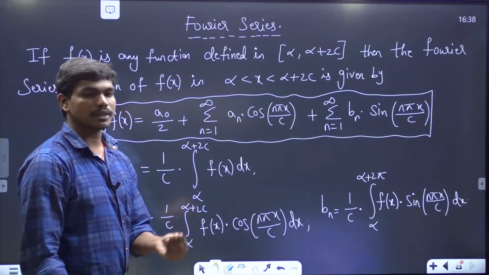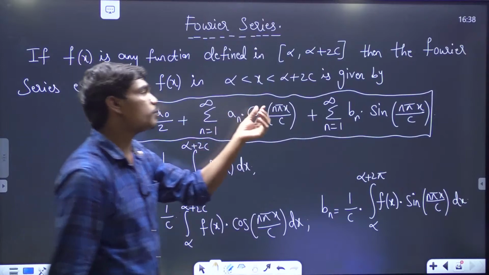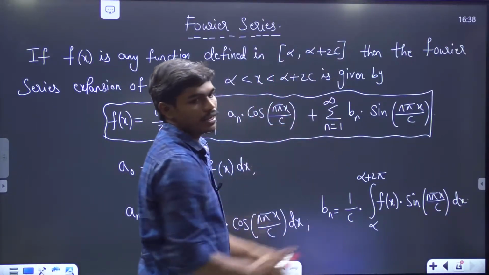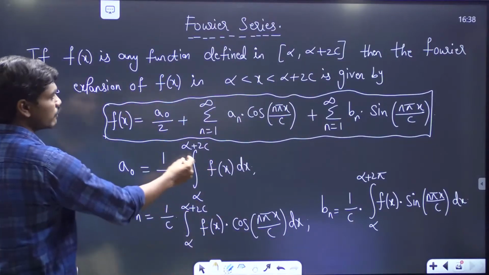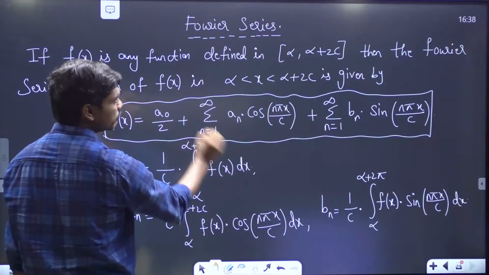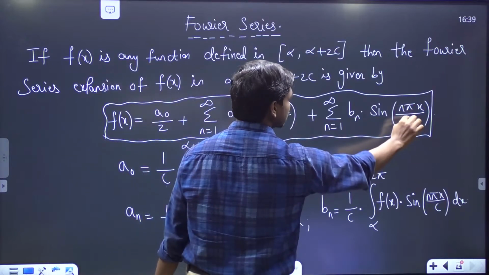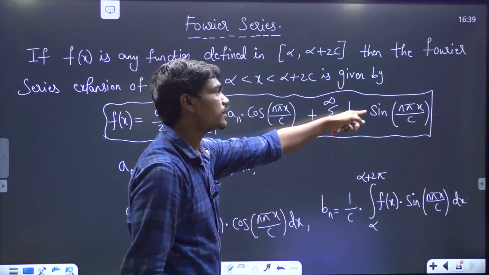Now in a special case, if c is pi, meaning the interval is of length 2 pi, then you can put c is equal to pi in all these equations. The pi gets cancelled, so sigma n is equal to 1 to infinity an times cos nx plus, with c equal to pi, pi gets cancelled again, sigma n is equal to 1 to infinity bn sin nx.